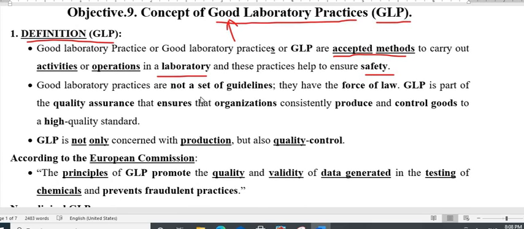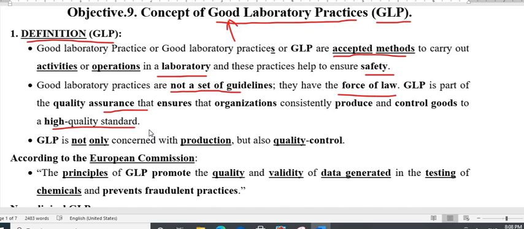Another definition that is also very important: good laboratory practices are not only a set of guidelines, rather it is a force of law which will give the assurance, or ensure, that the work that has been performed in the laboratory is of a high quality standard.